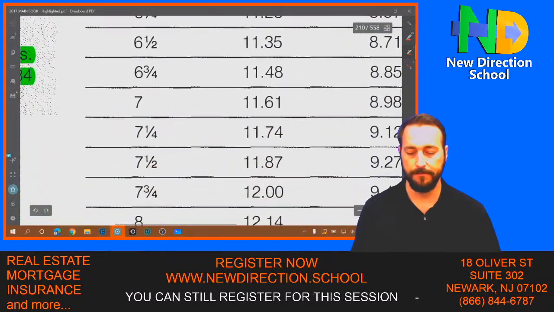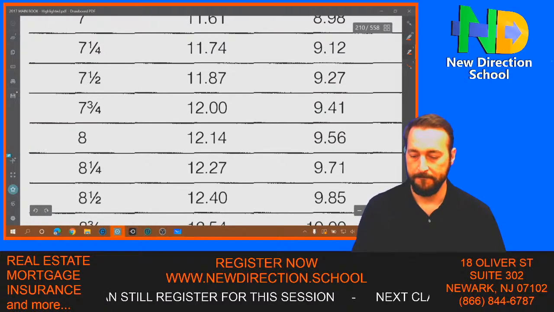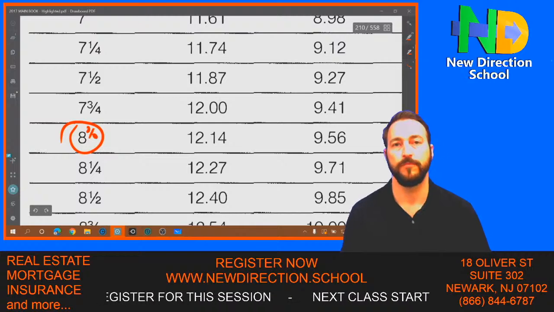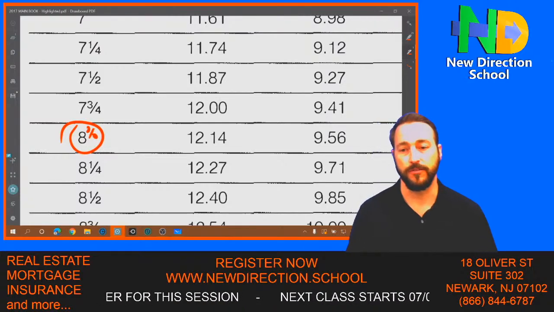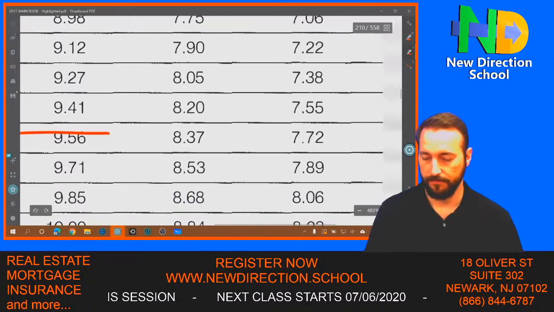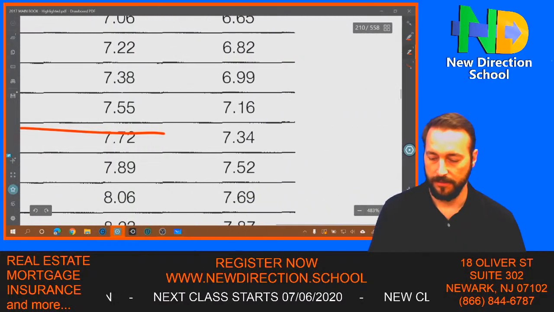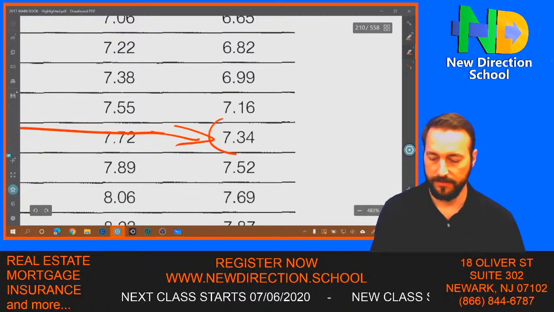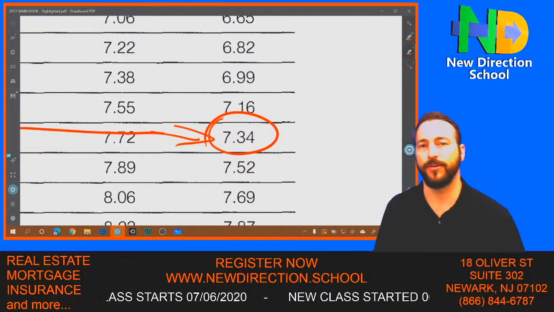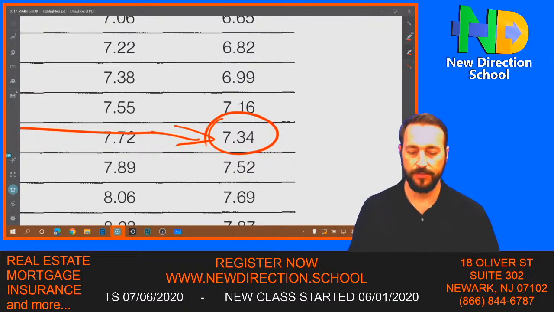We're going to go to the column, 8%, and it's for 30 years. So let's go over 30 years. You guys should use your finger when you have the chart. This is the 30 years, and it's 7.34. The same thing we have in the example, right?